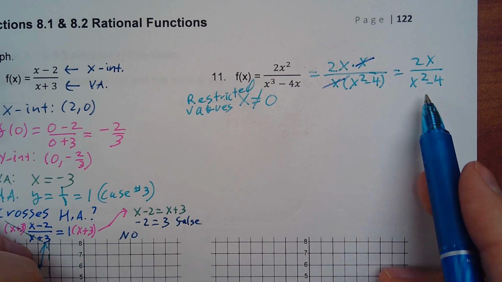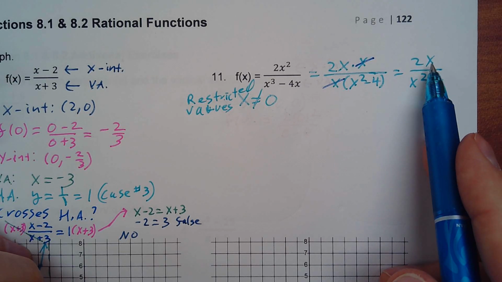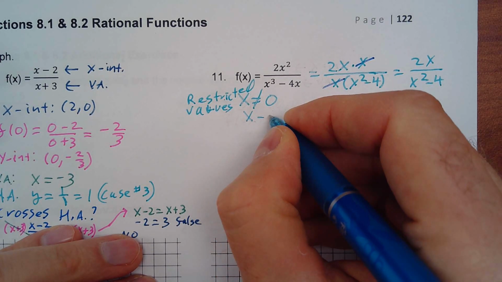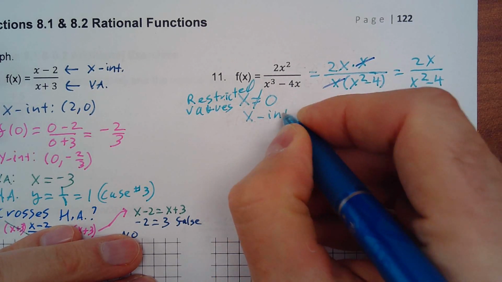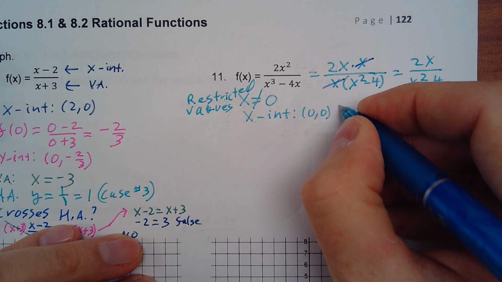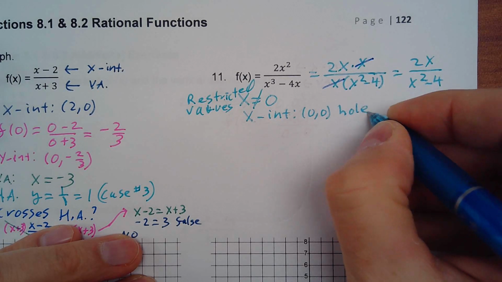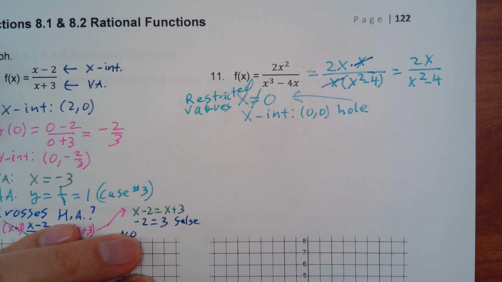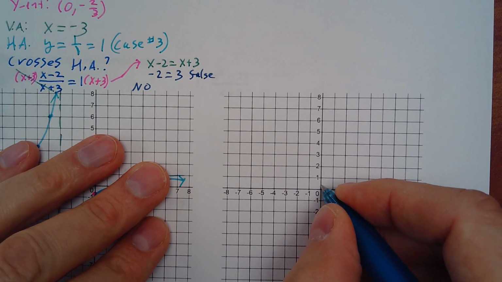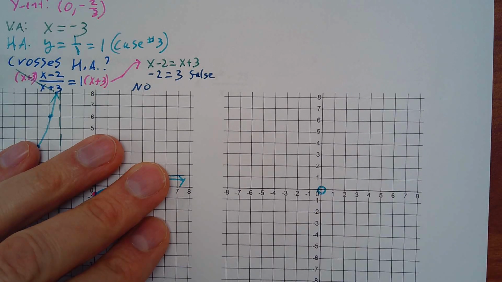So, looking at this, normally I would say that my x-intercept here would be 0, 0. But this is actually going to be a hole because of my restricted value. So when I plot it, instead of plotting a filled-in dot, I'm going to plot that as an open circle.